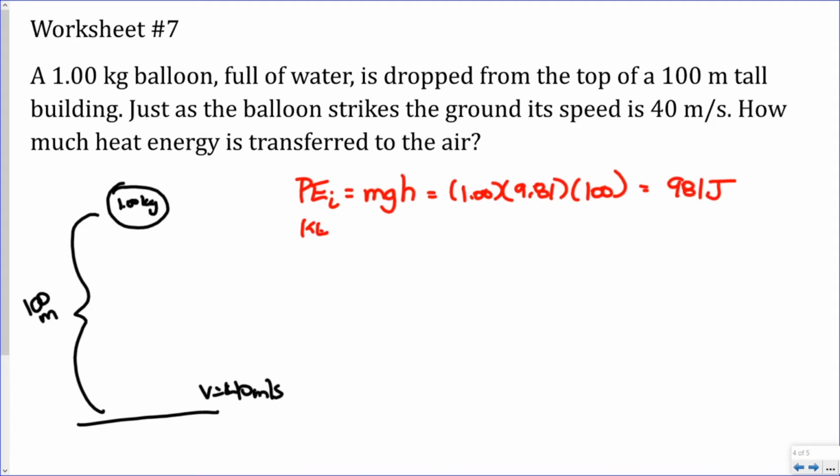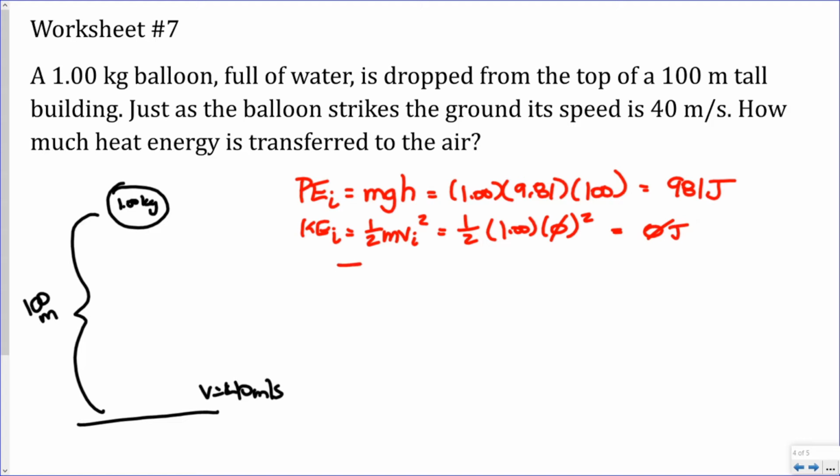The kinetic energy initial is 1/2 mv initial squared. What do we know here? We know 1/2, the mass is 1.00. What's my initial velocity? As it's dropped, it's 0. So this whole thing cancels out and gives us 0 joules.